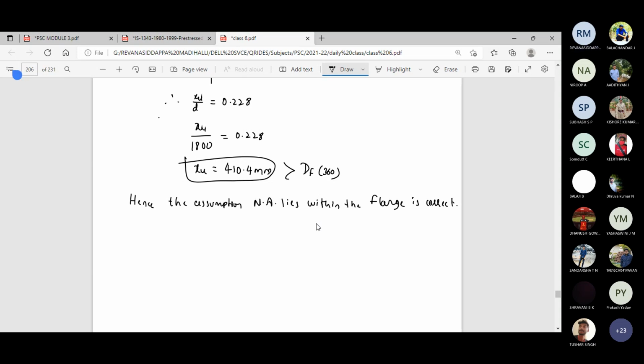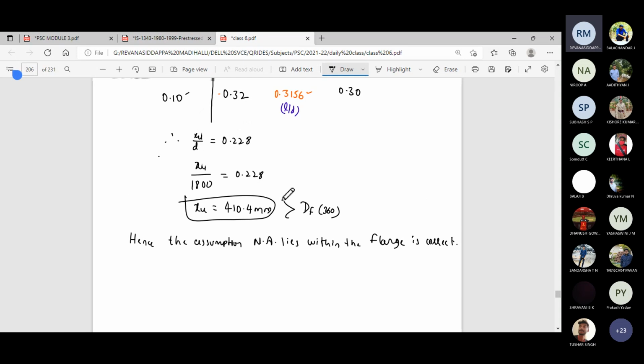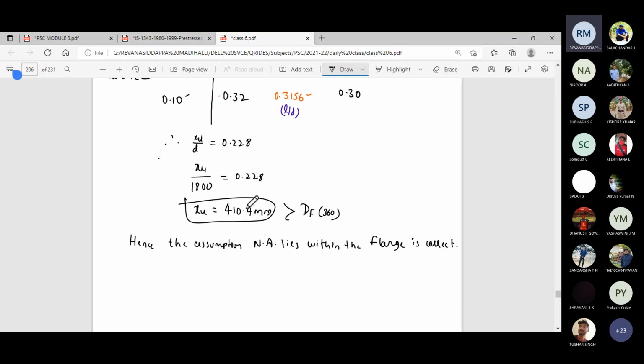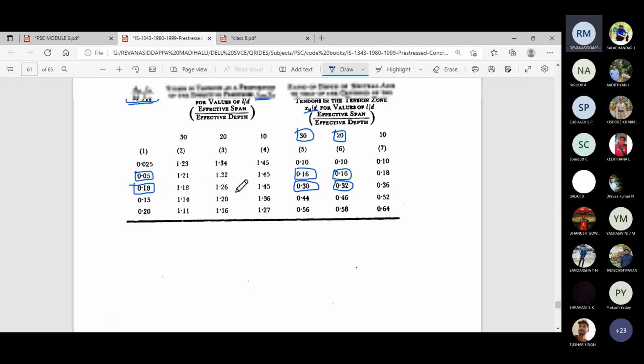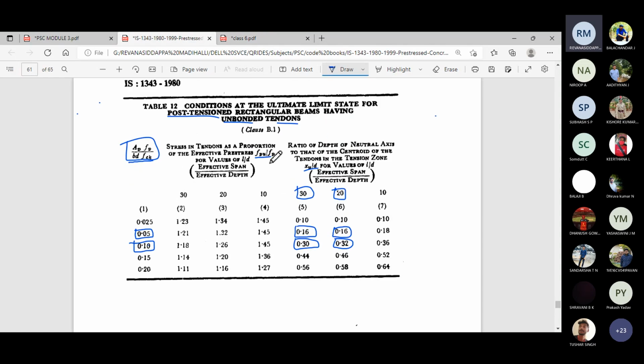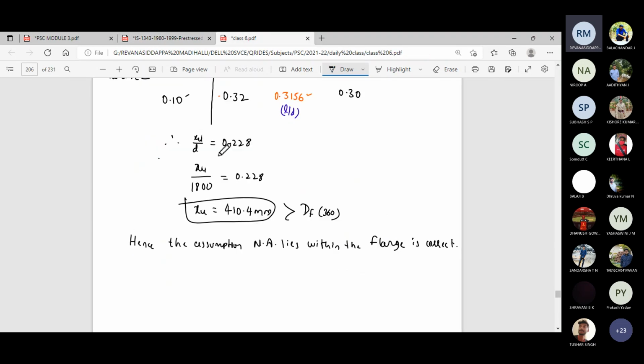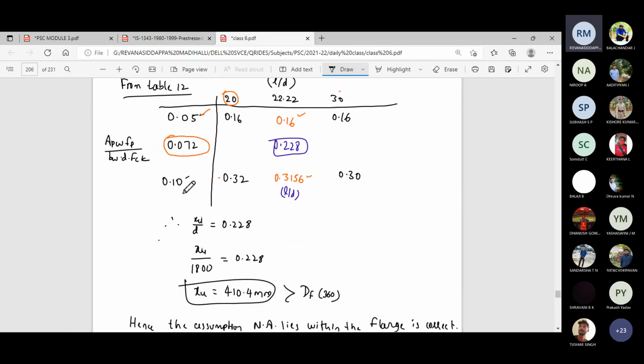Now, as the assumption is correct, XU, the depth of neutral axis, is known. We also need the value of FPU by FP value. So obtain the value of FPU by FP corresponding to AP FP by BD FCK equal to 0.072.